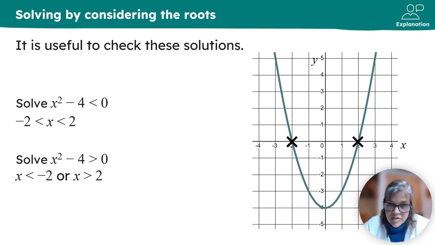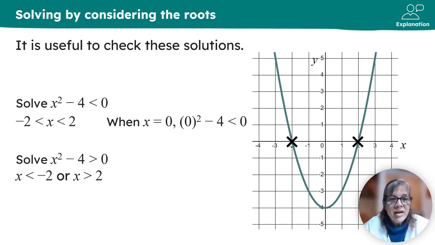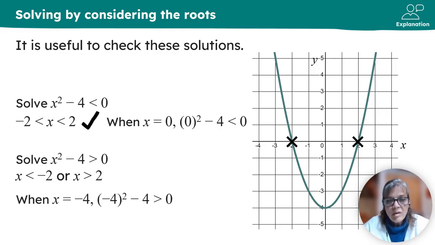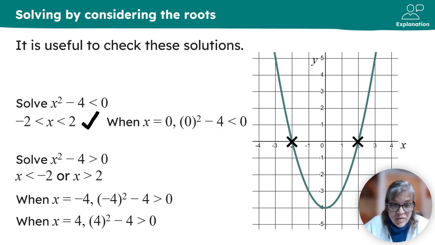You can check your solutions by putting in a sample. So if something was between -2 and 2, you could try it with 0 and see, does it work? Well, yeah, it does. -4 is less than 0. Or you could try it by putting something in that is outside of this. If I put in -4, is that going to end up with greater than 0?